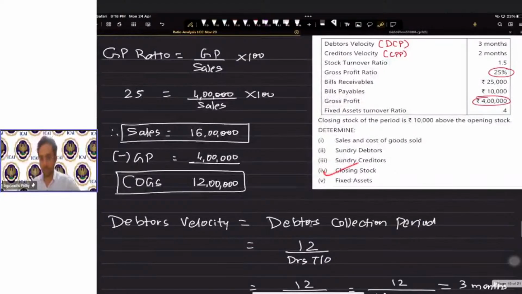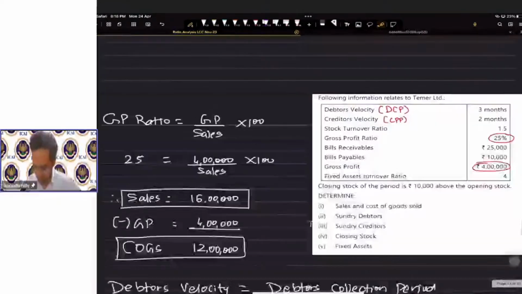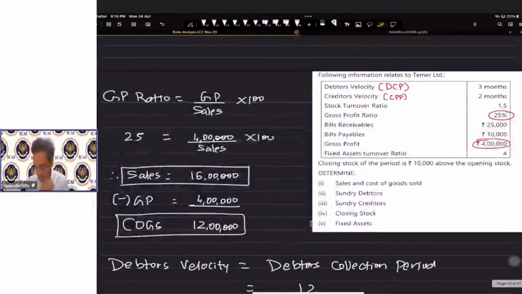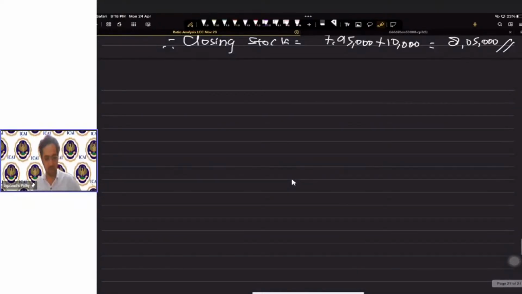Yes. Then fixed asset. Now for fixed asset, we have to use the fixed asset turnover, which is 4 times, right? So fixed asset turnover, is it given whether it is on sales or on COGS? Nothing has been specified. So essentially we'll do both ways. In exams, if you have such a scenario, try to solve it both ways and give both options.